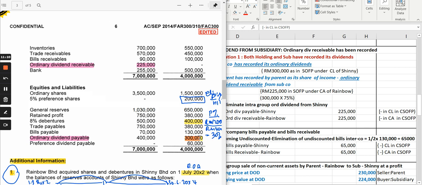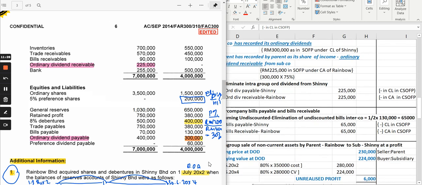You are not going to report 300,000. What will be reported by the subsidiary would be 300,000 minus the intra-group transaction, because we have already calculated that 300,000 times 75% is 225, so that must be eliminated.